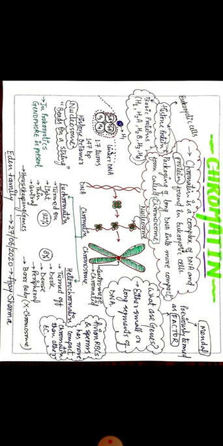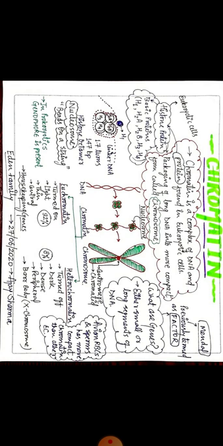But heterochromatin, because of its density, looks very dark under the microscope. Euchromatin is comparatively thin compared to heterochromatin because heterochromatin is more supercoiled, a more dense structure.